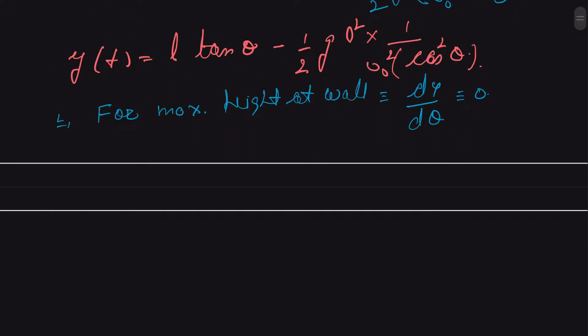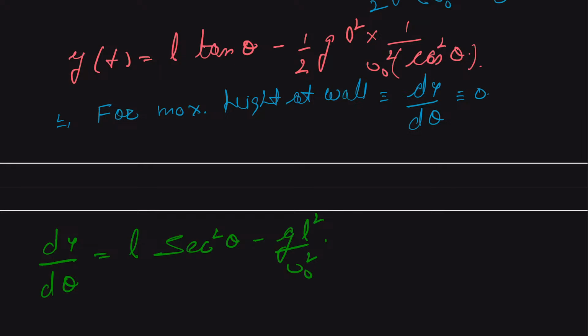Therefore, we get dy by d theta will be equal to L, and this comes as secant square theta minus, and now we are going to get GL square upon V0 square, and cos square theta.